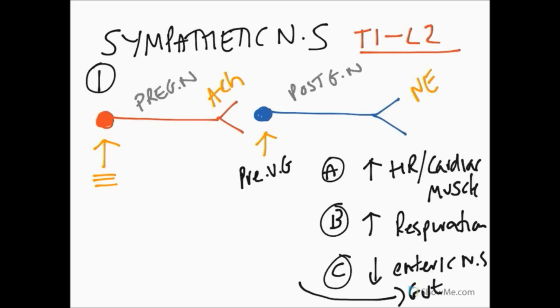The second way is really an odd man out, so we're going to draw number 2 here. We've got a very similar anatomical setup. We have a pre-ganglionic nerve here, and that connects to a post-ganglionic nerve.